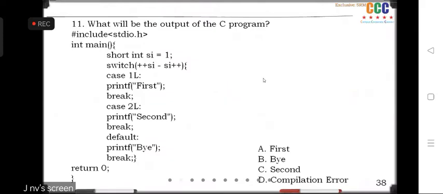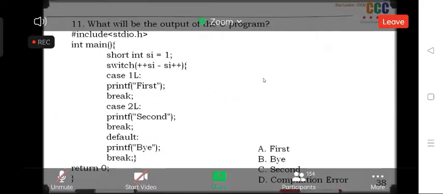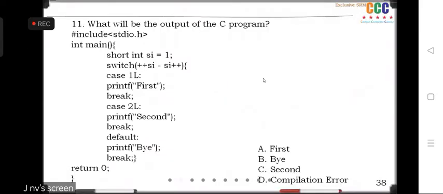Can you explain? 1L and 2L. Yes, Vikriti. Very good. But those are valid only. L denotes long only, no?